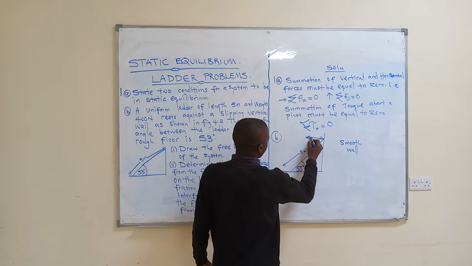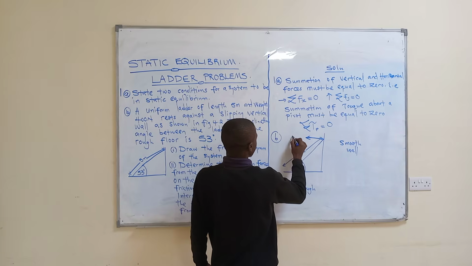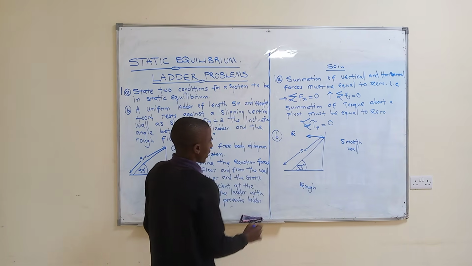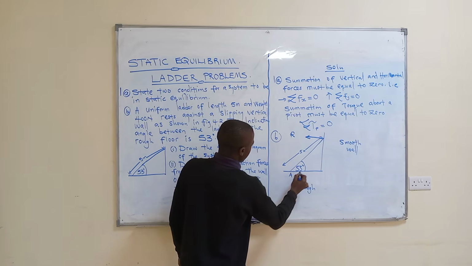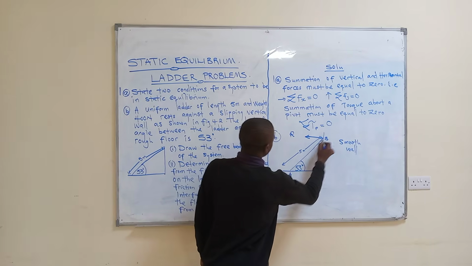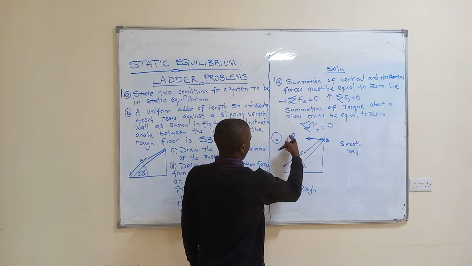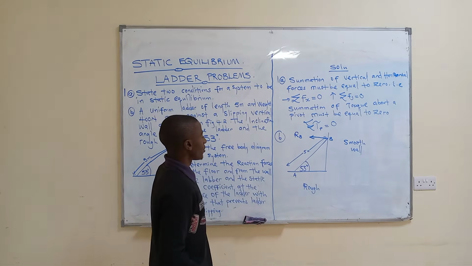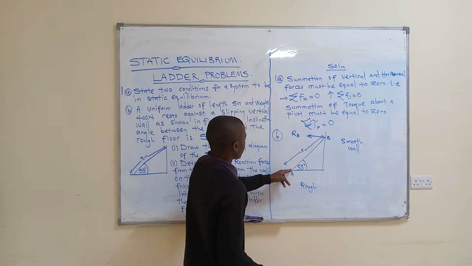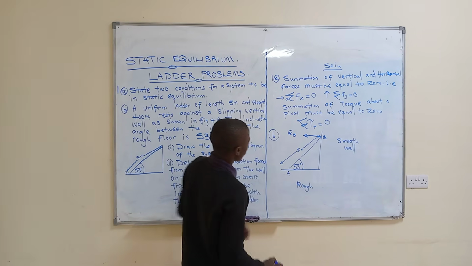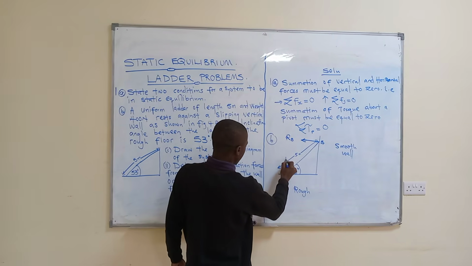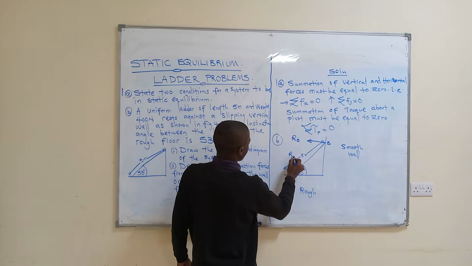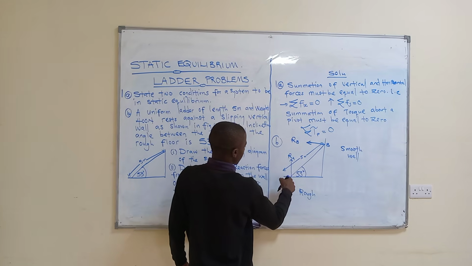So I'll say this would be the reaction force, and then I'm going to assume this is my point A, and this is B. Apart from that, this same ladder hits the floor. So there must be a what? A reaction force going upward, which is a reaction at point A.